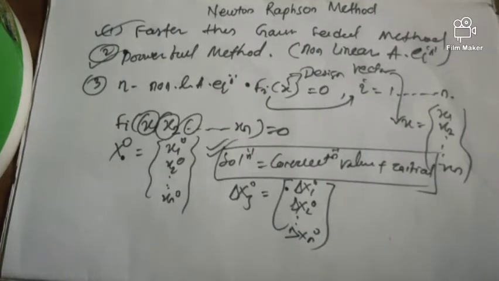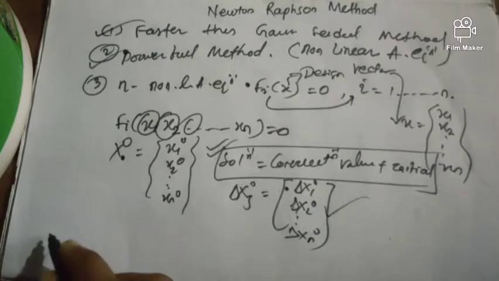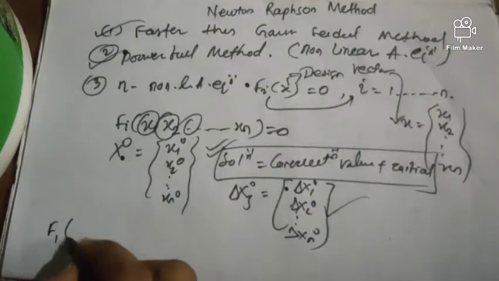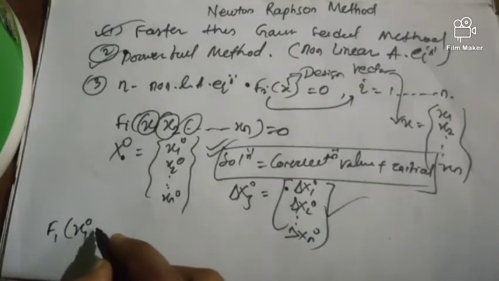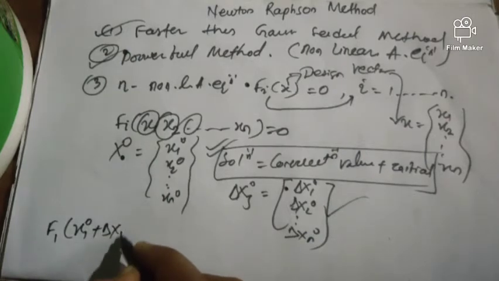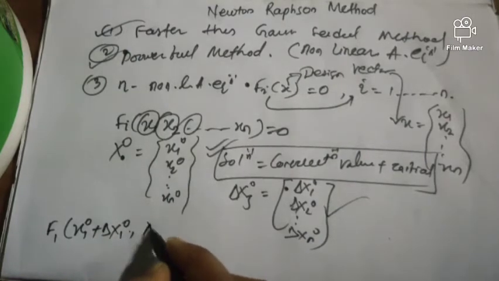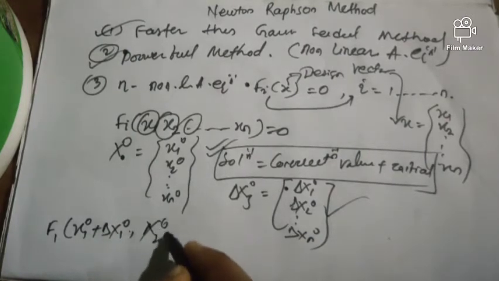So our function will be formed like this: f_i(x1^0 + del x1^0, x2^0 + del x2^0, up to xn^0 + del xn^0), as I have already told you in the previous lecture.